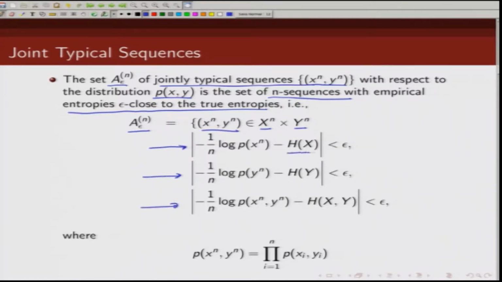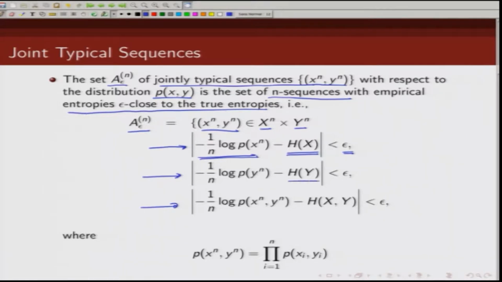So, this is the true entropy of x and this is the empirical entropy of x, and what we are saying is the absolute difference of these is less than epsilon, and that is what we meant when we said the set of jointly typical sequences with respect to the joint distribution P of x and y is the set of n sequences whose empirical entropies are close to the true entropies.